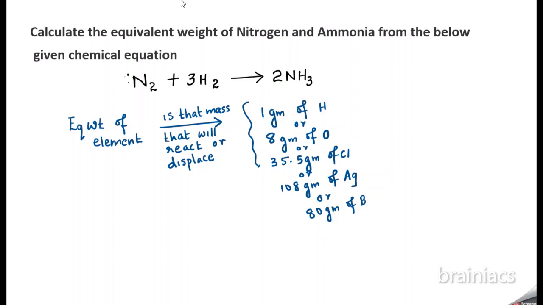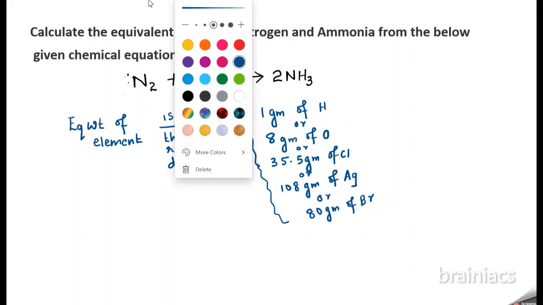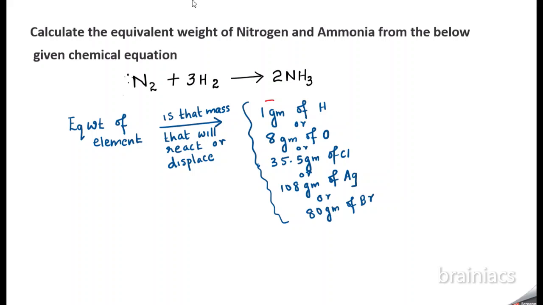Now which one will suit you here? Now I need to find the equivalent weight of nitrogen and ammonia. Here what they have given is hydrogen, so we will go with the definition of hydrogen. This is what we are going to use for finding the equivalent weight.